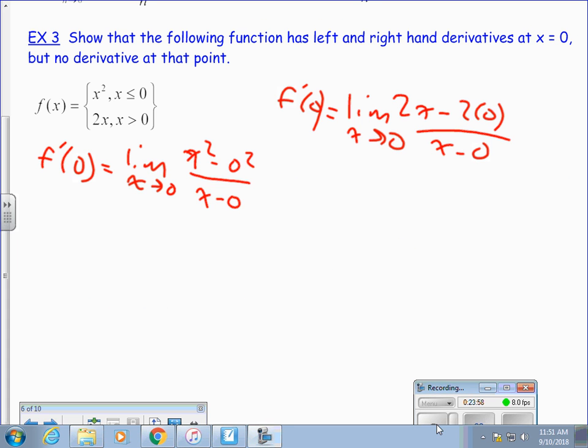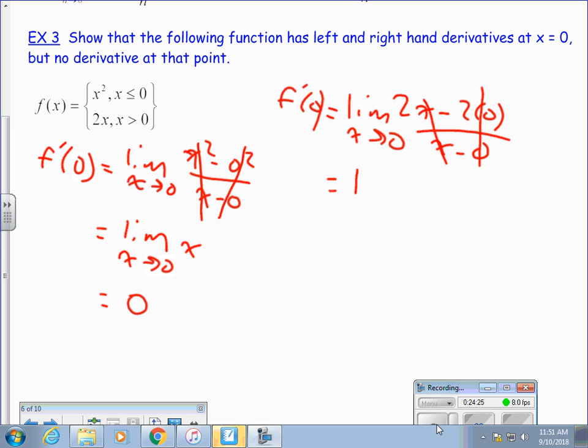Okay, that should not have taken very long. If you look at this one, this is really nice. That simplifies down, this reduces. So I get the limit as x approaches 0 of x, which is 0. So my left-hand limit is 0. And on this one, these cancel here.